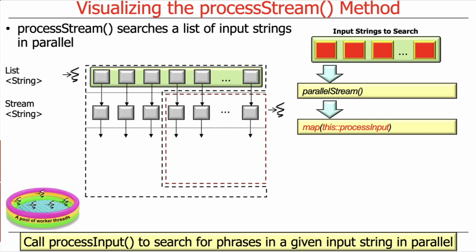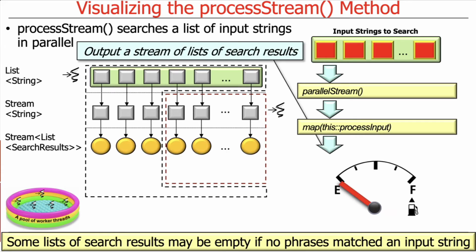We'll see how that works in a second as well. processInput converts from a string to a list of search results. So coming into processInput will be a string, which corresponds to the input string we're looking at, like Macbeth or Hamlet, and what comes out will be the list of search results, all the things that matched in that particular element.